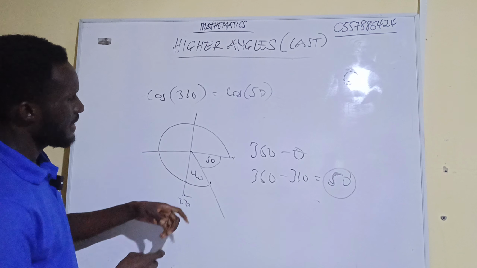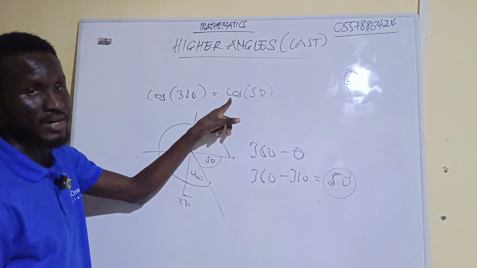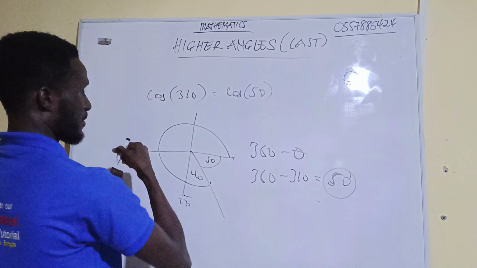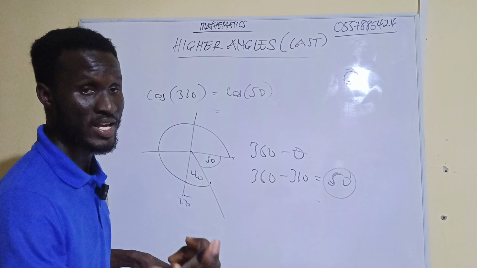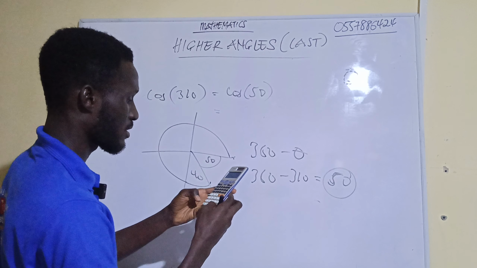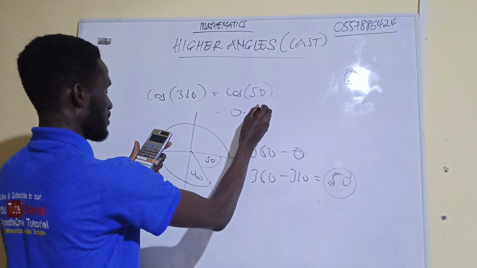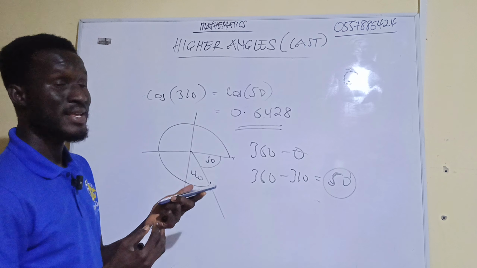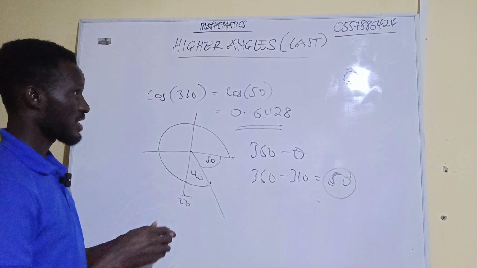Now, in this particular quadrant, the cosine is positive, right? So the same as cos 50 here. But don't forget that cos 50 is not a special angle. So let me punch cos 50 on a calculator. Cos 50 is 0.6428. Now this one is approximated form. You get it? Yes.